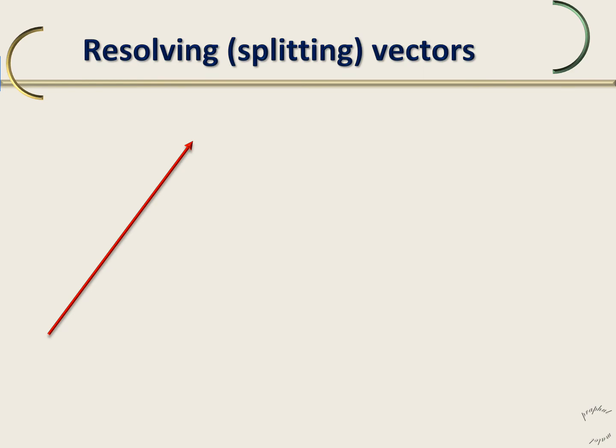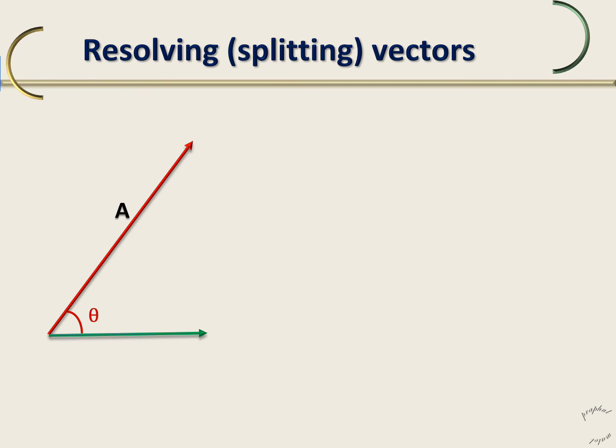Okay, I'm going to explain all the rules we have seen just now using the example of this particular vector A, which is at an angle of theta degrees with the horizontal. I want to split this vector into components. The first rule says you can have only two components. So let's see how to split. For the simple case, I want one component to be in the horizontal direction.